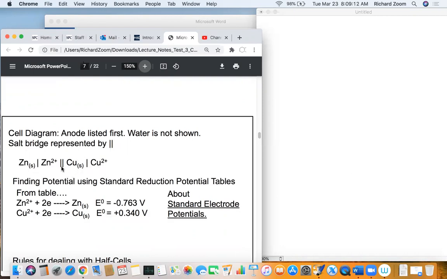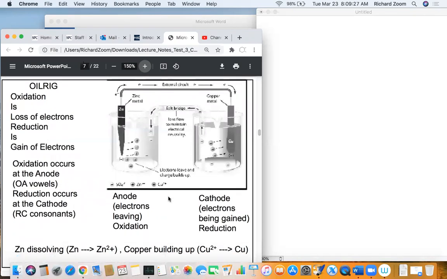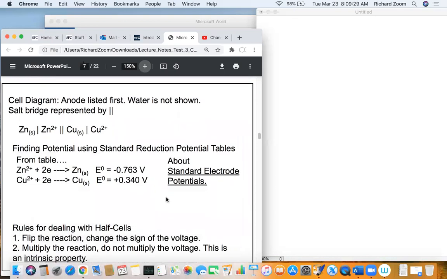Now the double line here represents the salt bridge. So it's the marker, or I guess the separator, of the two parts of the cell. So we'll have this cell on this side and this cell on this side. In a cell diagram, by convention, the anode is always listed first.